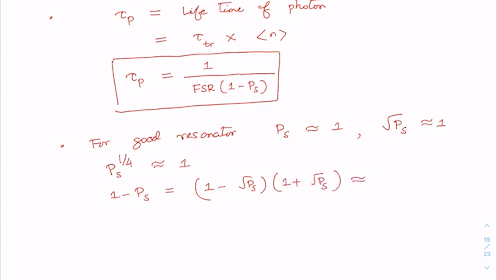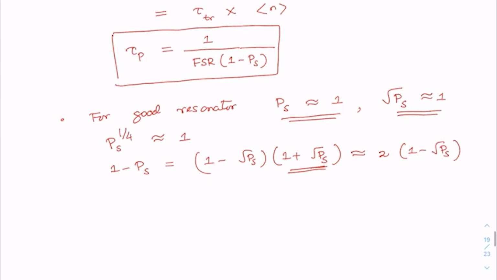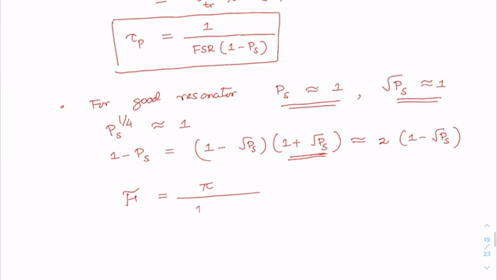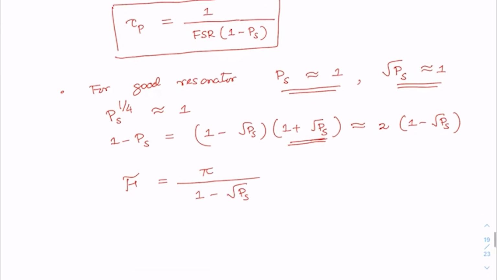Because of this approximation, I get 2 into 1 minus square root of PS. So using this I can simplify the expression for the finesse: for a good cavity, it will be pi divided by 1 minus square root of PS.